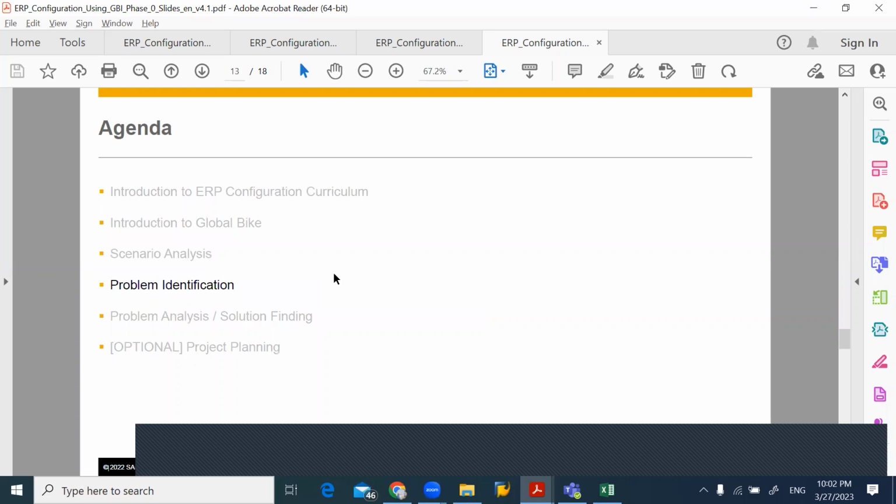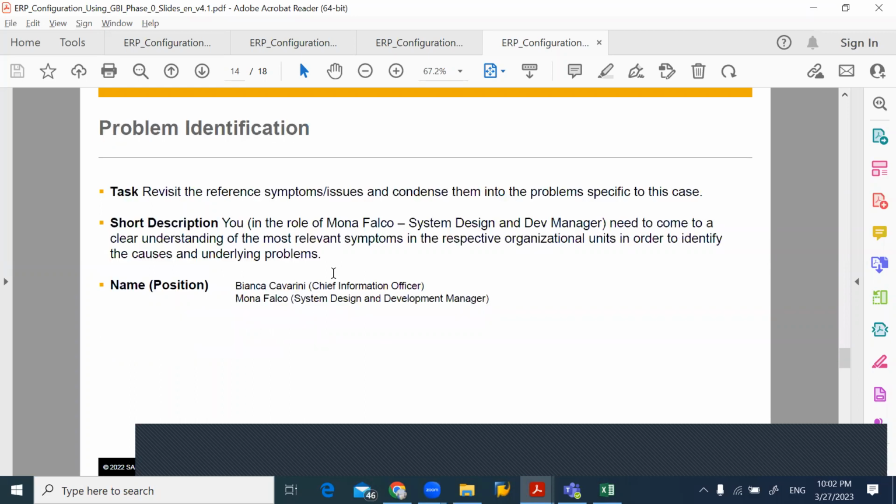The next phase will be problem identification. We'll look into the scenarios, see what problems they are facing, and try to have a clear understanding of the problems and identify their causes.